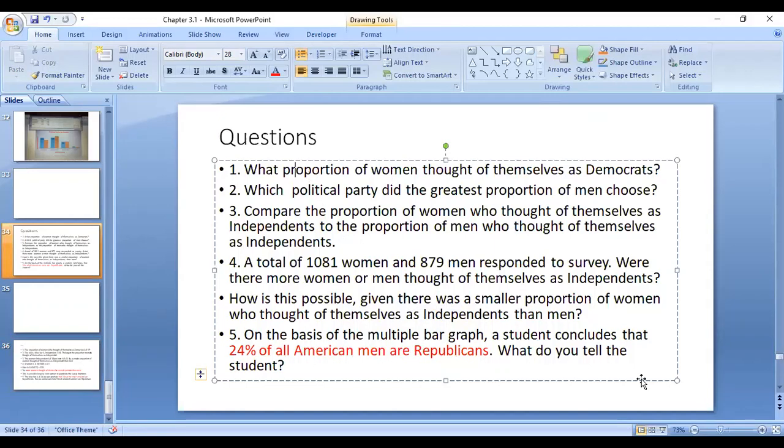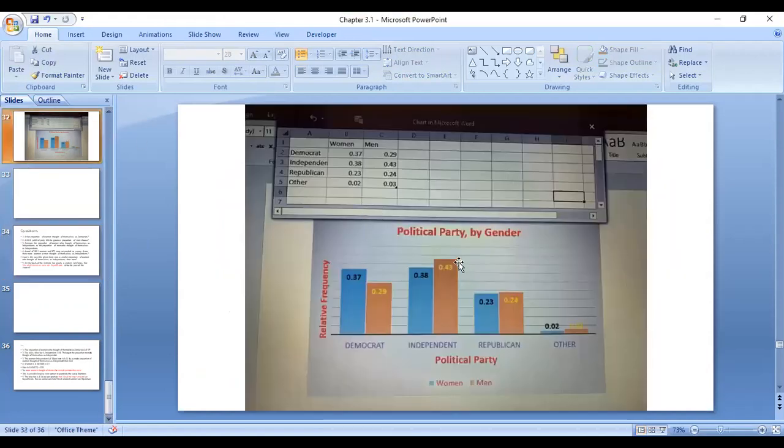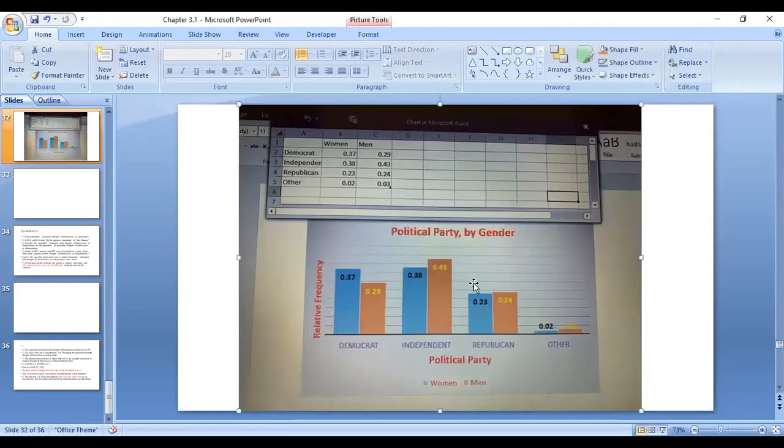If you have a question about finding the proportion, comparing, and averaging to find the number, any question on this problem? When you look on the table, you will see the relative frequency, that means the proportion. And then you can compare the men and women in the Democrat, Independent, Republican.